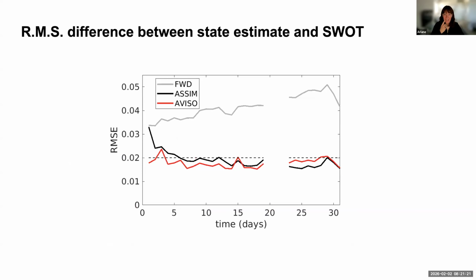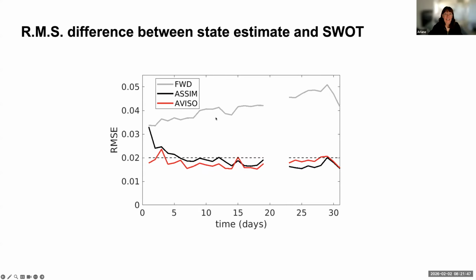Okay, this is showing the RMS difference between the SWOT data and the model equivalent, so the modeled SSH along the SWOT path. And this is plotted as a function of time, so over the 31 days of our simulation. The gray curve is the forward model run.